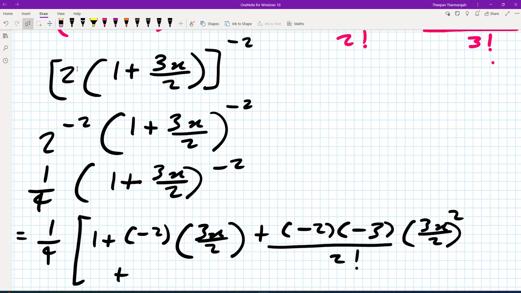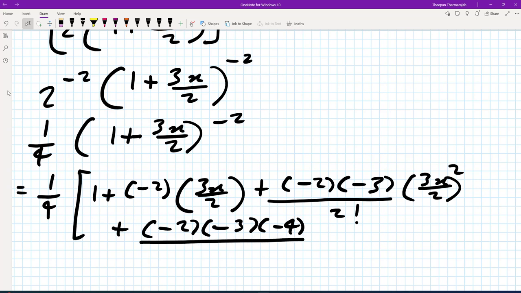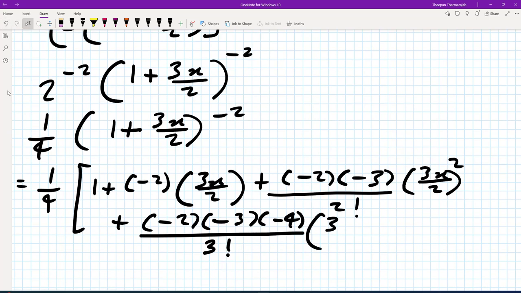We do one more term, and that will give me minus 2 minus 3 minus 4 divided by 3 factorial times 3x over 2 all cubed plus other terms.